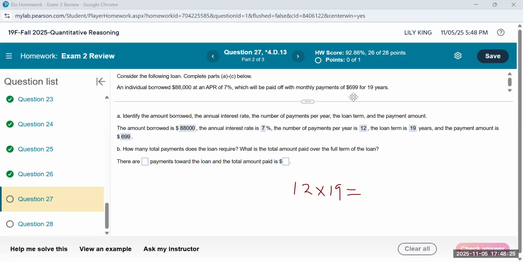We have 12 months in each year, so each year you have 12 payments, and you multiply that by the 19 years to get the total number of payments the loan requires. We have 228.